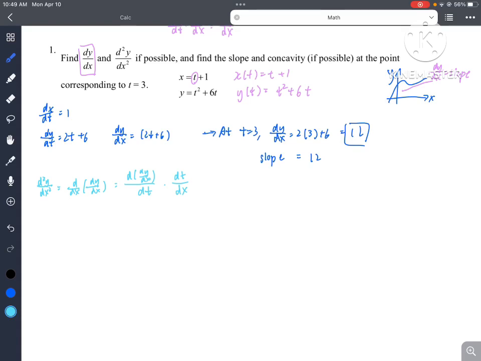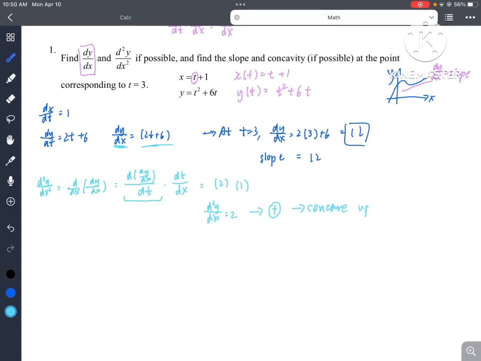And if we differentiate this in terms of t, this will be equal to 2, and dt over dx is just 1, so d2y over dx squared is 2, so it's positive, and it means that it's concave up.